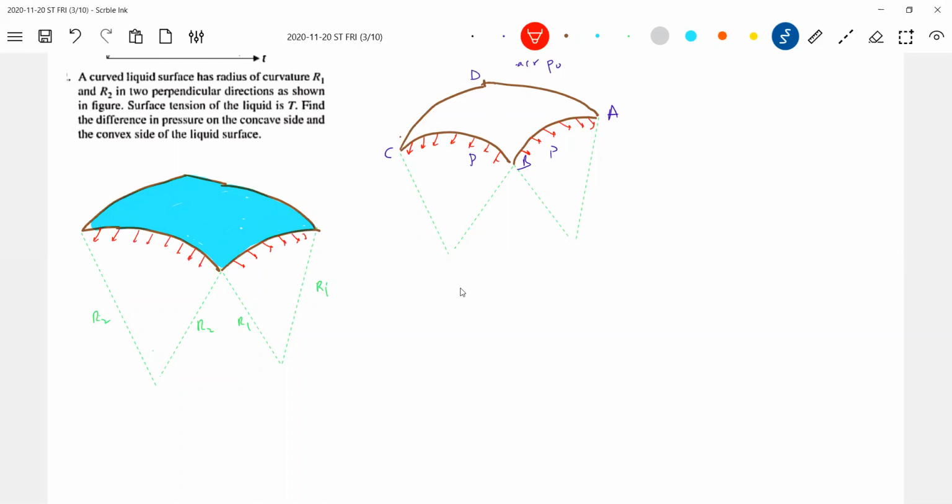On this side also you can show it. Let me take this to subtend an angle theta 1 and let this subtend angle theta 2. Let the radii of this surface be R1 and R2. So it is like this.